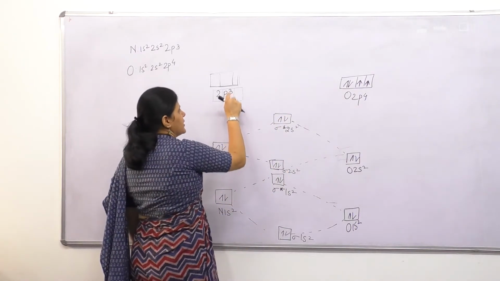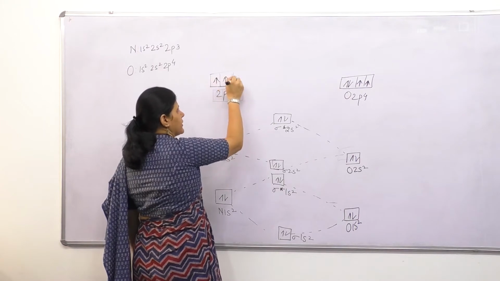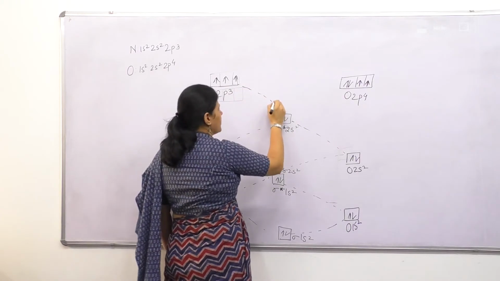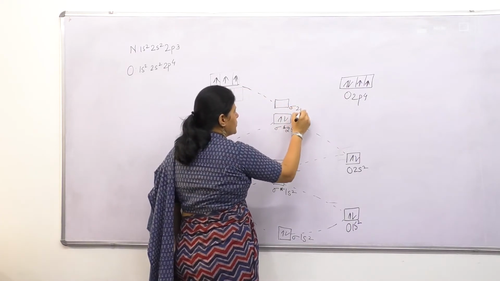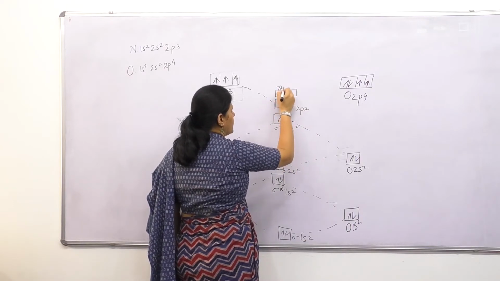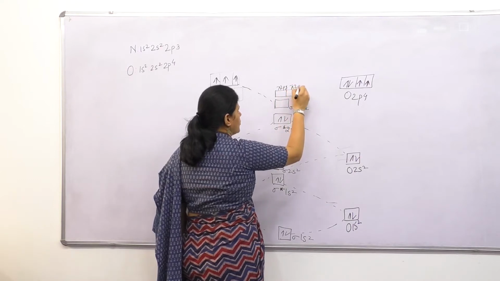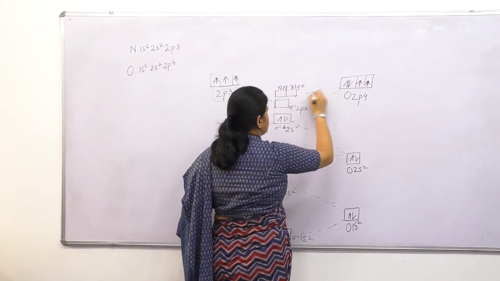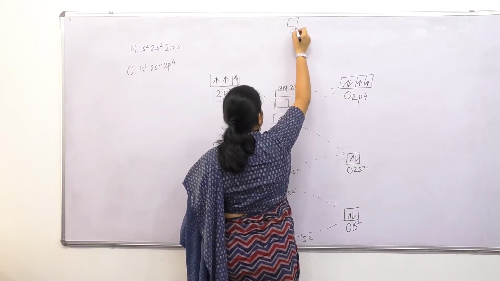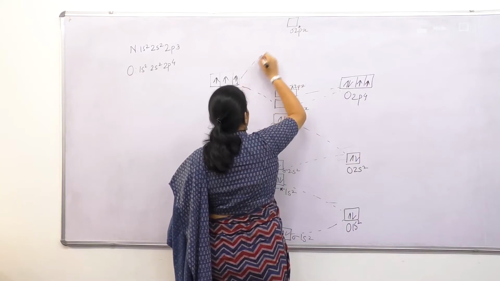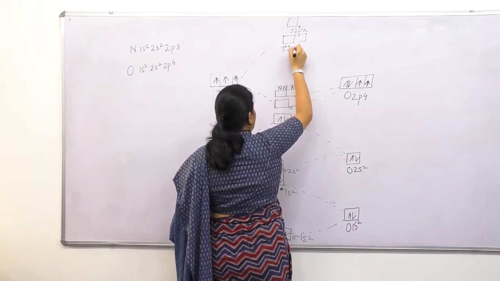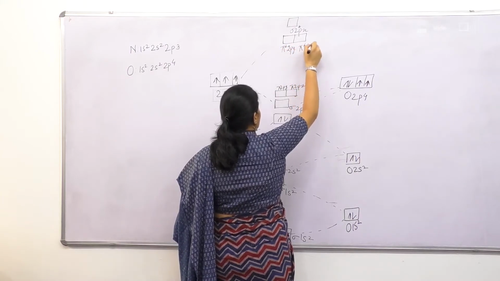Next we have nitrogen 2p3 and oxygen 2p4. Here we will have sigma 2px and these two are pi 2py and pi 2pz. Here we have sigma 2px anti-bonding and pi anti-bonding 2py, pi anti-bonding 2pz.